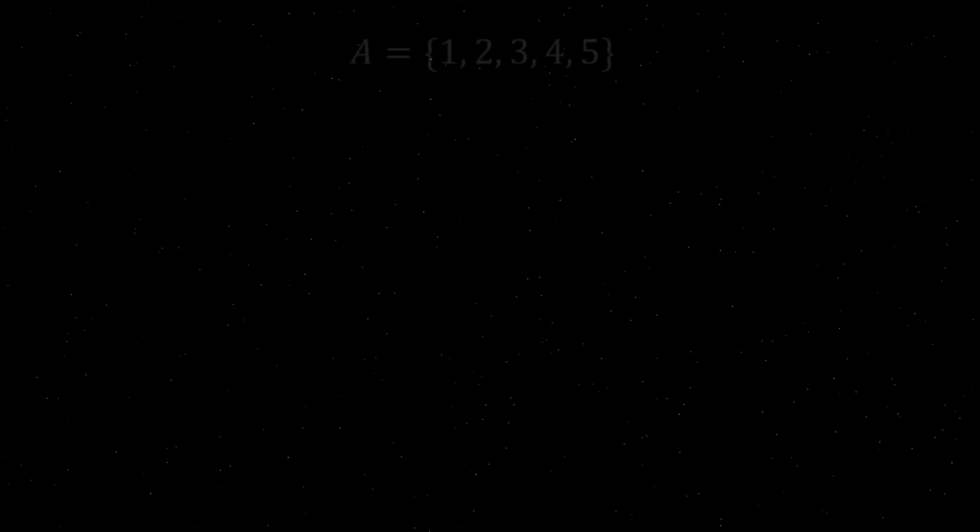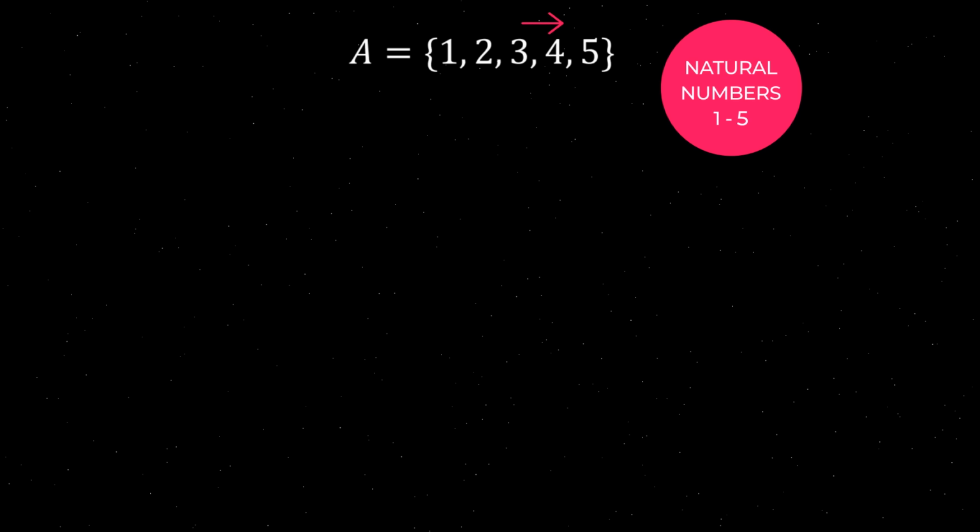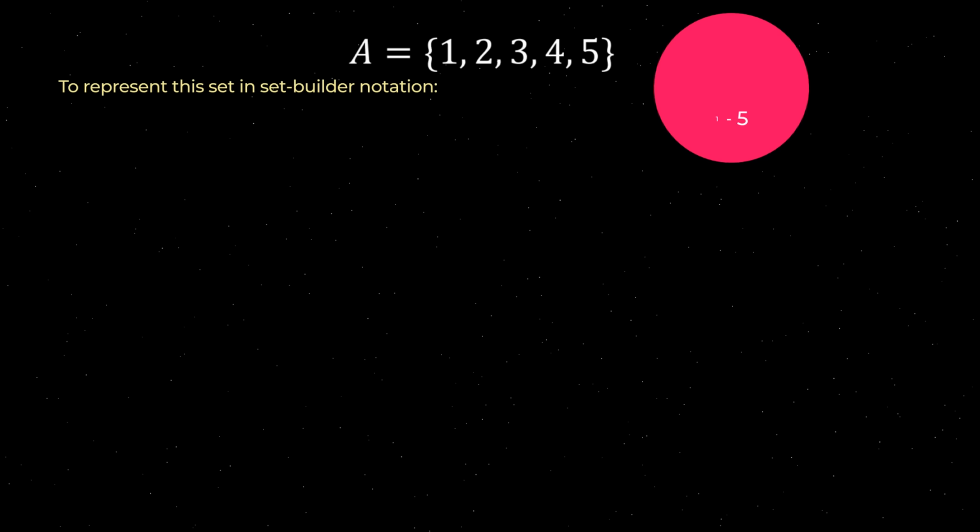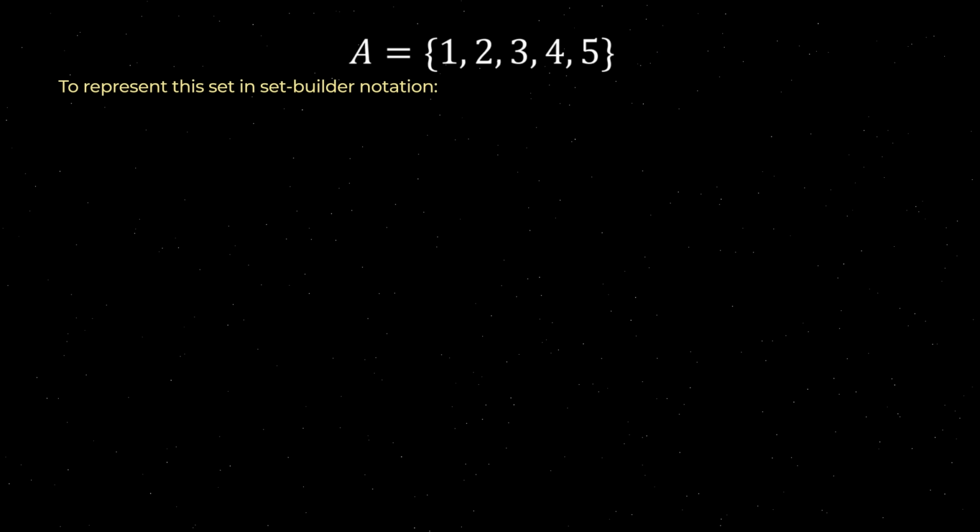As an example, let's use set A that was presented earlier. Note that the elements of this set are, in fact, the natural or counting numbers 1 through 5. To represent this set in set builder notation, we begin by defining a variable x as a natural number between and including the numbers 1 and 5.